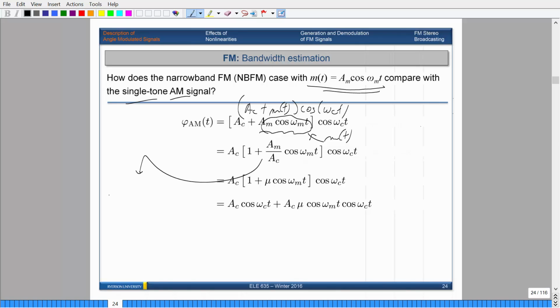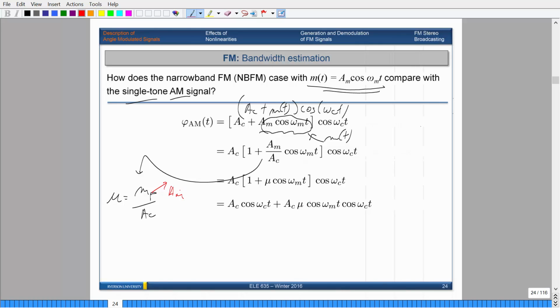Also, if you remember, the modulation index was equal to the largest value of your message signal divided by the carrier amplitude. And the largest value is simply the amplitude of the message itself, because this is just a single tone, a cosine wave of amplitude A_m, and there's only one frequency for that particular cosine.